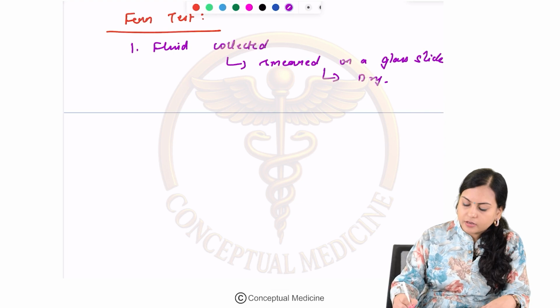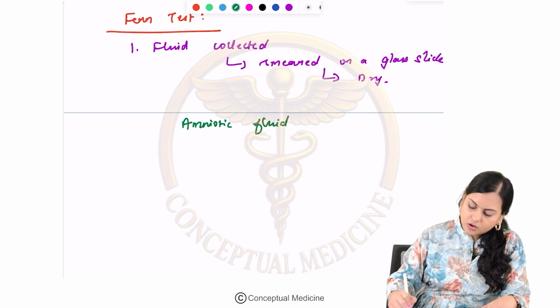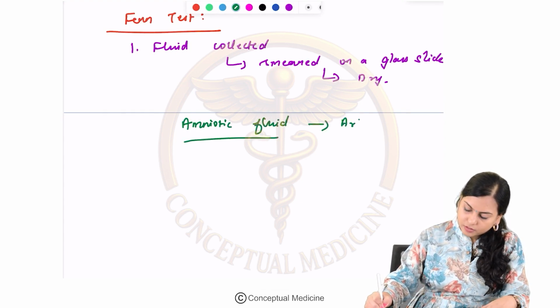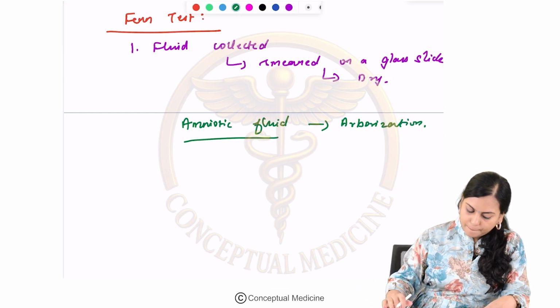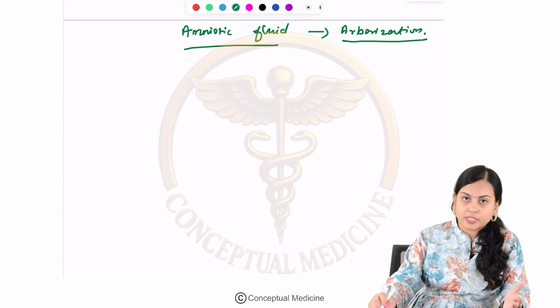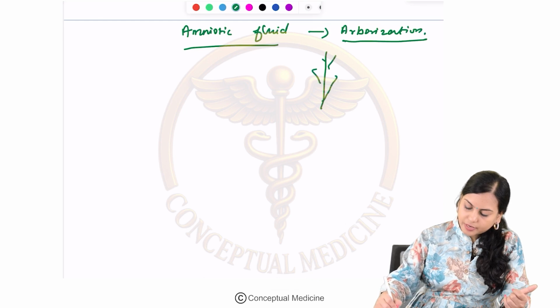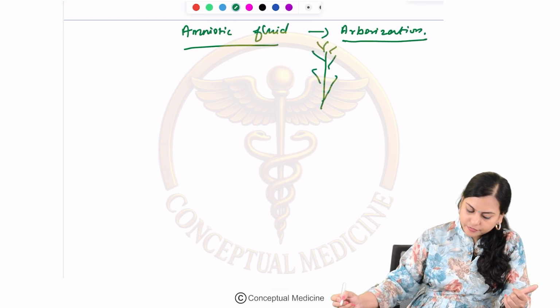So, here for the amniotic fluid, you will be able to see arborization. So, arborization of the amniotic fluid is seen, and also do know what this arborization is. Arborization means just like a tree pattern, like this ferning appearance.